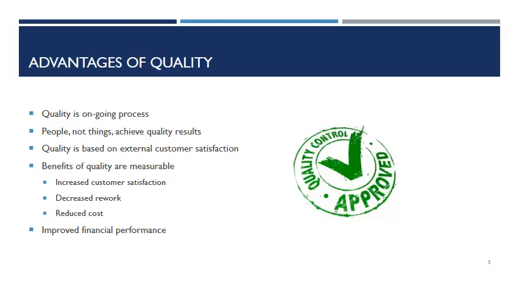People, not things, allow quality results to be achieved. The definition of quality is based on external customer satisfaction. Benefits of quality are measurable: increased customer satisfaction, decreased rework, and reduced costs. And finally, quality management results in improved financial performance for companies.